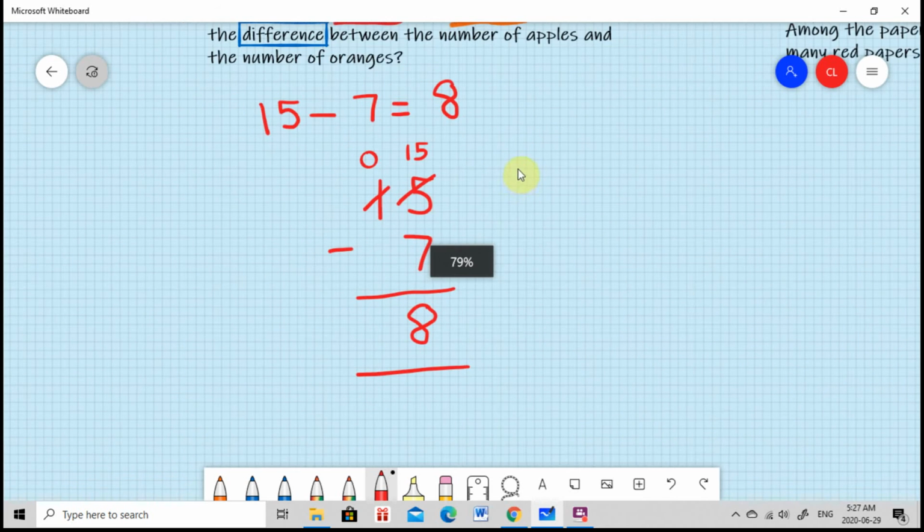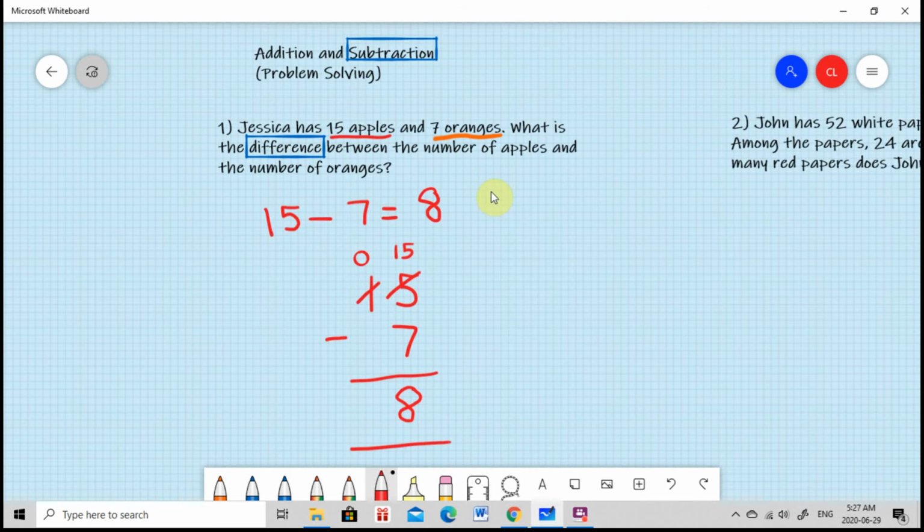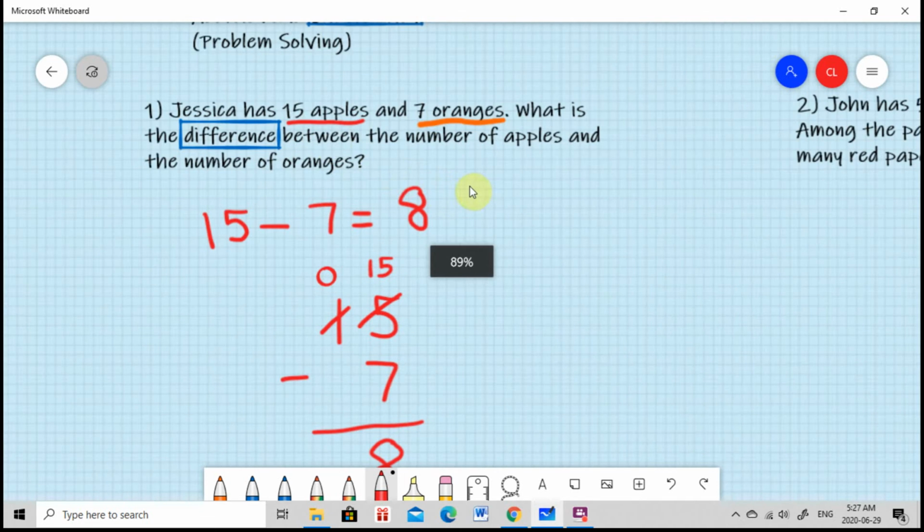Okay. Now, we remember every time if the question asks you for difference, you do subtraction, right? We have 15 apples, we have 7 oranges.